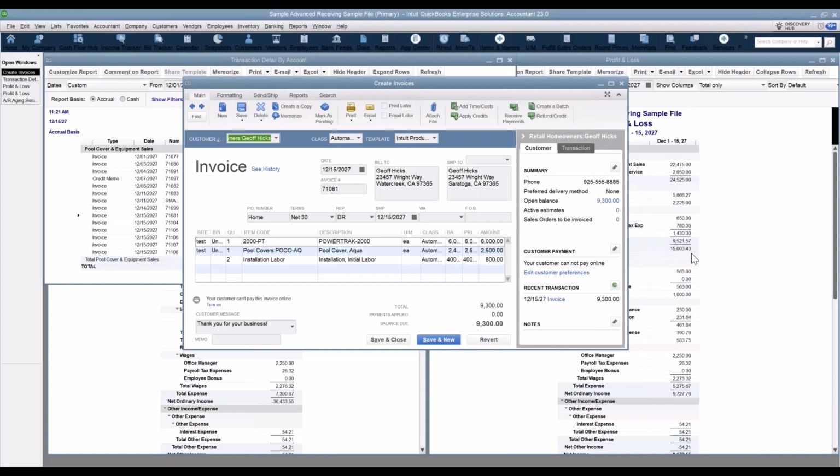And now, if I'm in accrual basis, it's going to hit all of those reports. So understanding how that impacts and what that does for us is important. Now, as far as making business decisions, which is one of those key factors, we want to be able to know what's on the report and how it's going to impact us as a business owner.